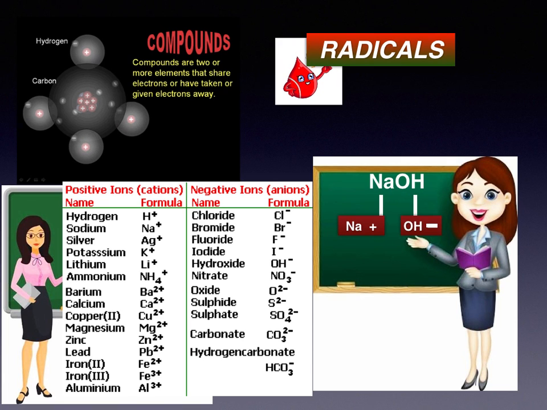Now it is seen that different bases such as sodium hydroxide and potassium hydroxide are formed when various cationic radicals are paired with the anionic radical, that is hydroxide. Hence the cationic radicals are also called basic radicals. Different bases are distinguished from each other by the basic radicals in them.